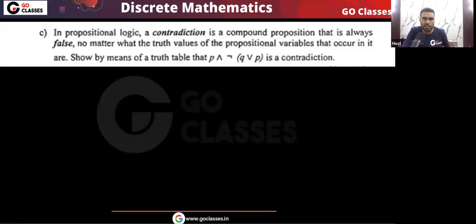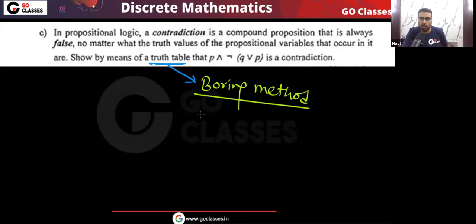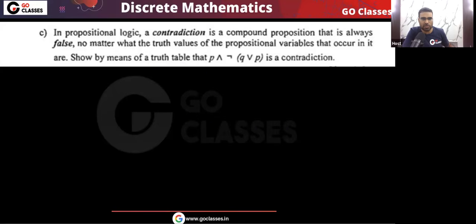Don't create a truth table, that is a boring method. So never create a truth table, that is a boring method. What you do, you just apply the by case method.